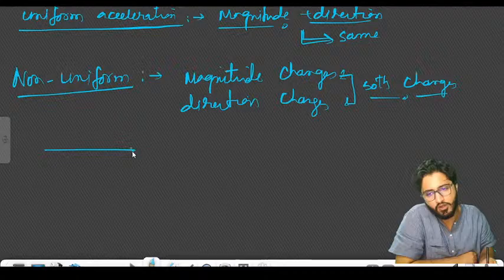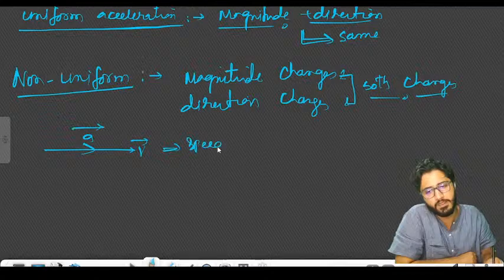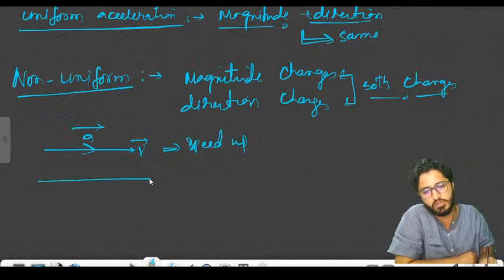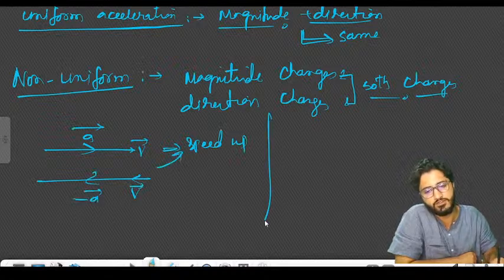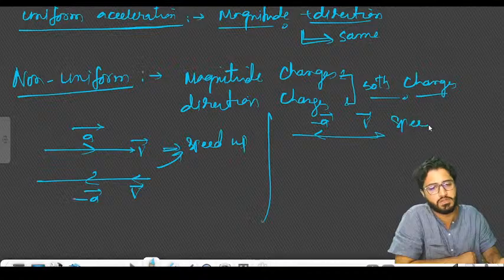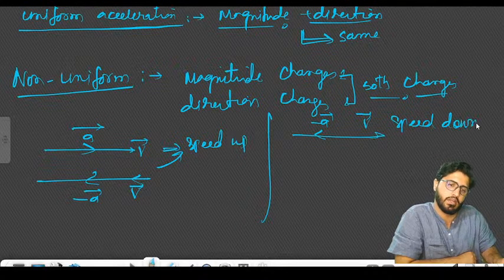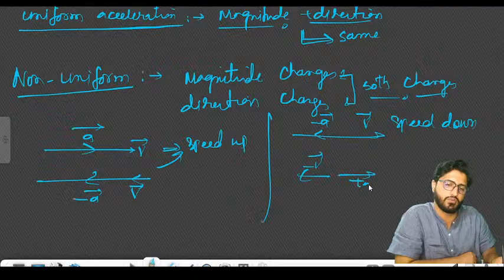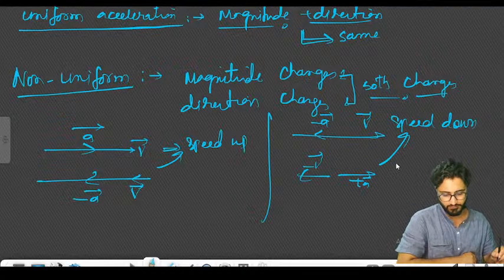Look, if velocity and acceleration direction are the same, it is speed up. Here velocity is negative, acceleration is also negative. This is also speed up. If velocity is, let us suppose, positive and acceleration is negative, it is speed down. Or if velocity is negative and acceleration is positive, still speed down.